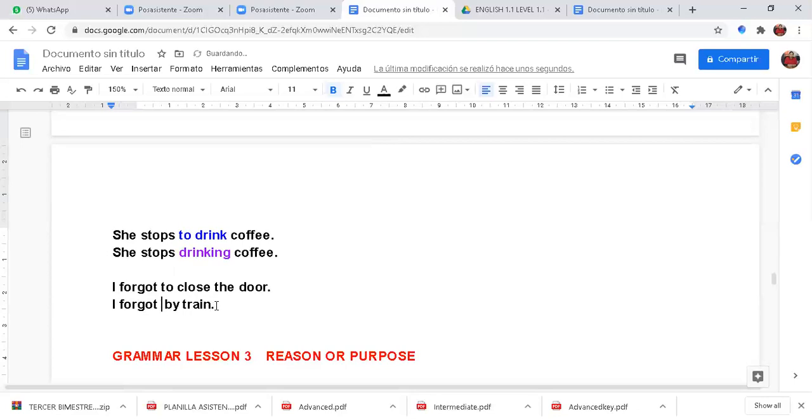I can use the same sentence, I forgot closing, but it's not coherent. Okay, I forgot closing. So you forgot how to do this. I forgot closing the door. It's not coherent.